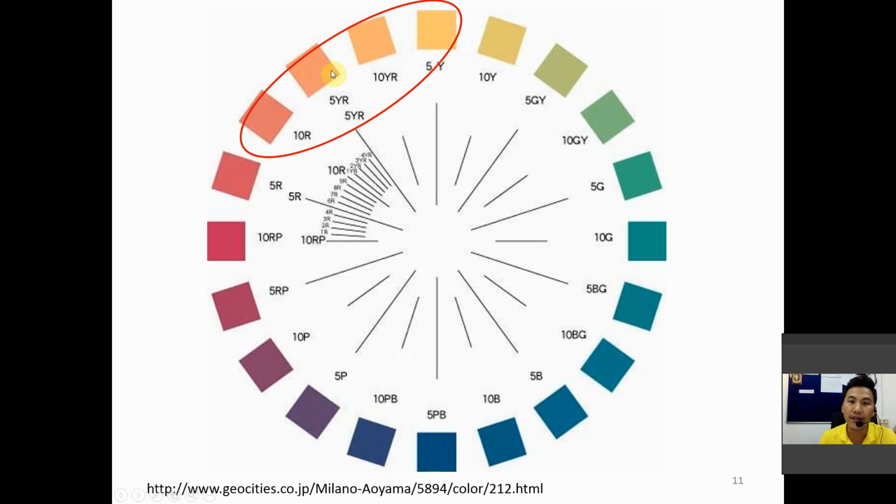It's just somewhere here, basically from yellow to red. The rest of the system could be applied to other things. Whatever has color can use the same color system, but for soil we focus only on this part because all soil can have soil color.